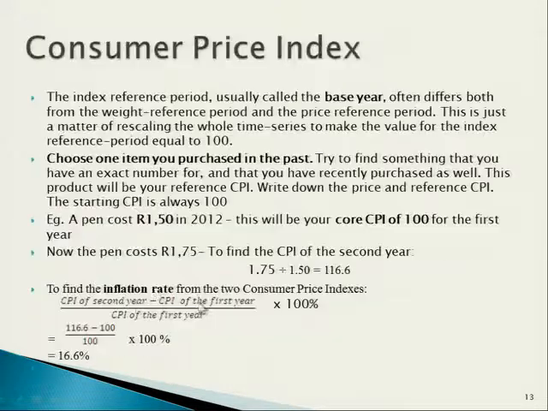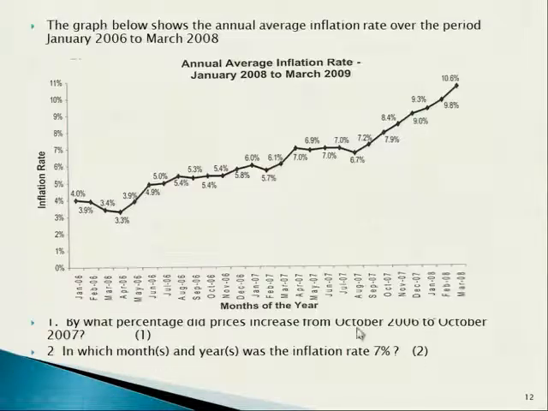But this question says, by what percentage did the price increase from October 2006 to October 2007? Please, when you use a graph to interpret information, take a pen or a pencil or a highlighter and go and mark the information.